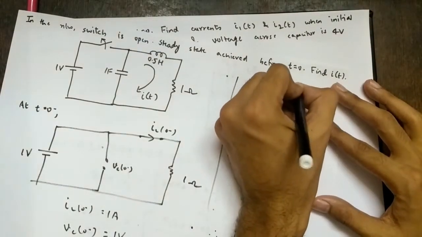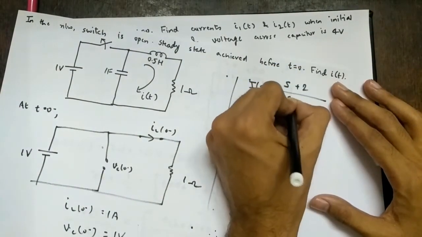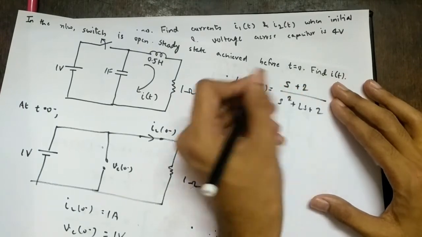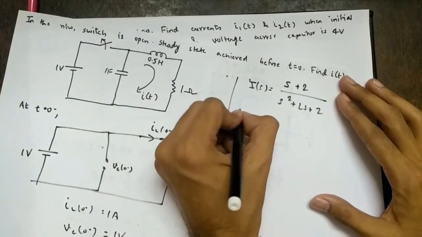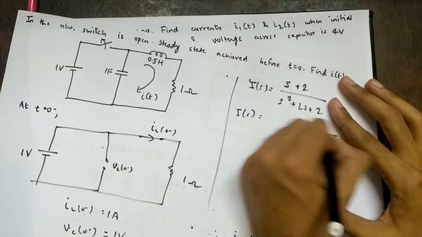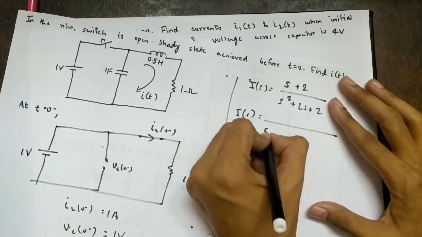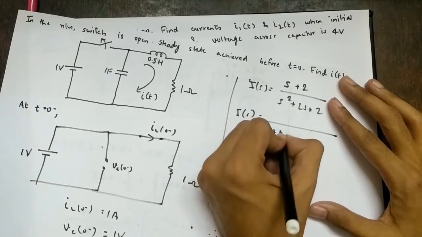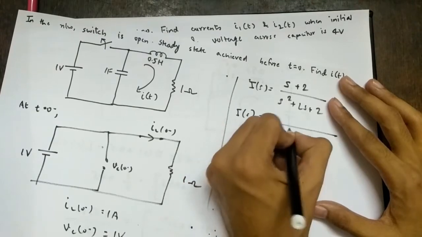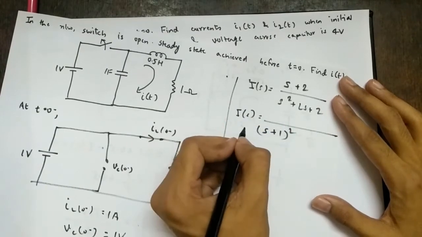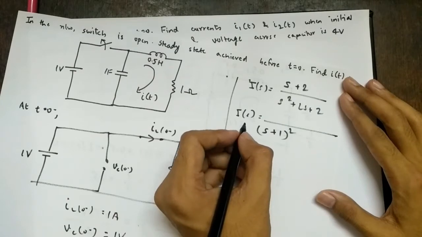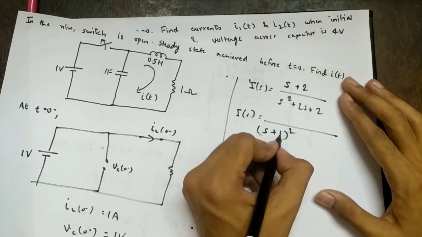So we have to simplify this. s plus 2 upon s square plus 2s plus 2. Again I want a perfect square here, right? Let's see the numerator later. So in the denominator, s square plus 2s plus 1 I get, right?